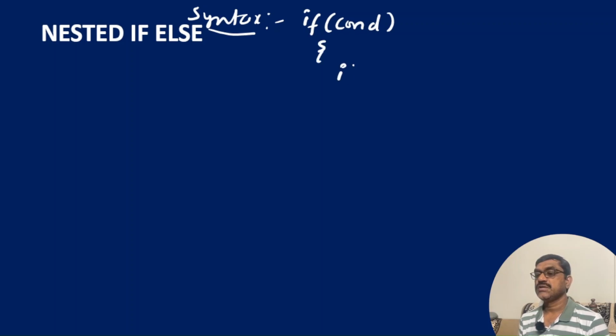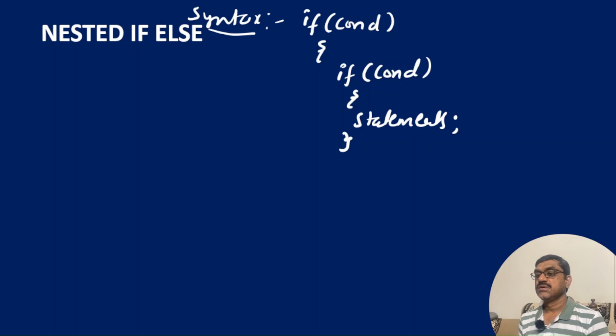Within this, again you write if, again you mention the condition, opening brace, and you write the statements. Closing brace, and you write again else part, opening brace, and you write some statements. Closing brace.